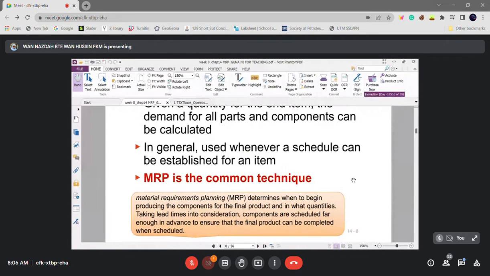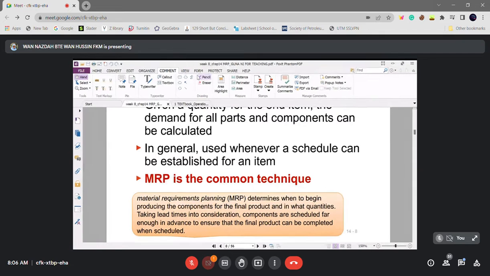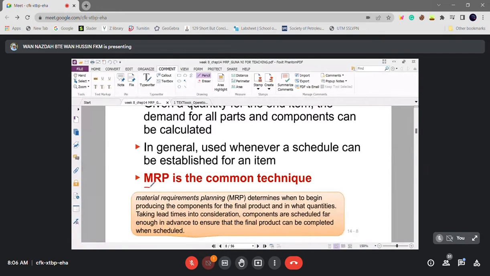Okay. All right. I want you to write down, this is considered the definition of the MRP. I want you to write it down, because I want you to make sure you know that this MRP actually determines when to begin producing the components and what quantity.